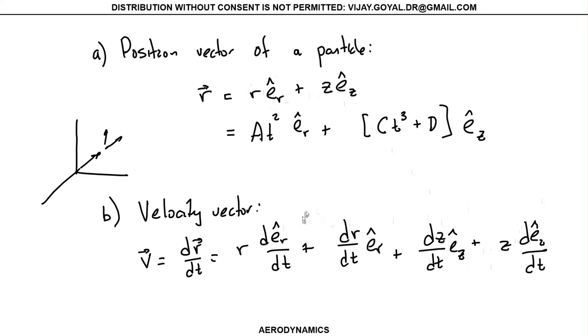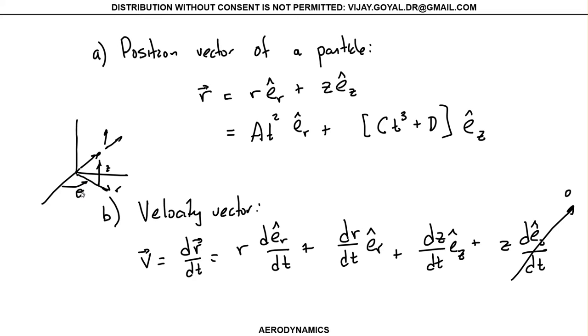Now you have to know by definition that all the time derivatives of ez are actually equal to 0. We have all time derivatives moving in the r direction. Remember, this is your r direction, this is your z direction right here, and this is your theta direction.